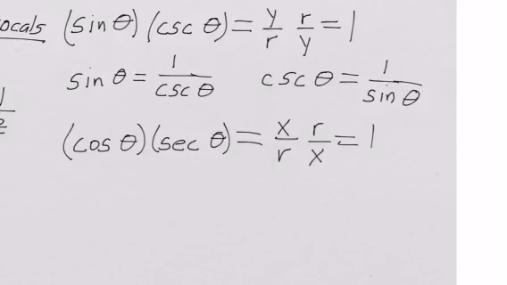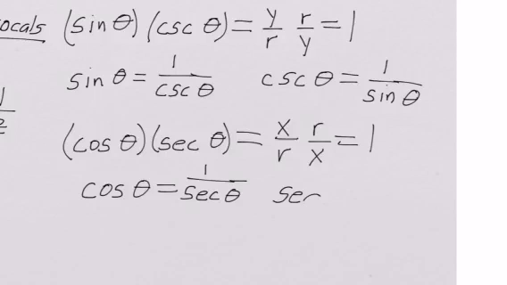Those multiply together, everything cancels out, I get 1. So that tells me the cosine of theta is equal to 1 over the secant of theta, and the secant of theta is equal to 1 over the cosine of theta.